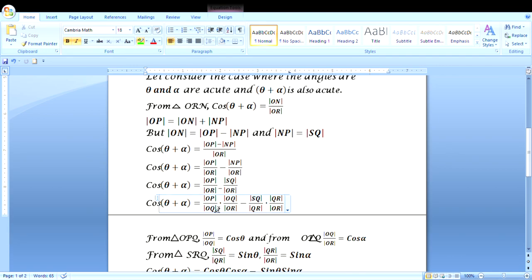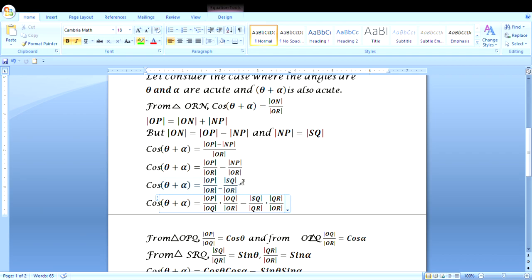Now we need to do some adjustment here. The line OP over OR can also be written as the line OP over line OQ times line OQ divided by line OR. So that if we remove line OQ, line OQ cancels line OQ, we obtain the line OP over OR.